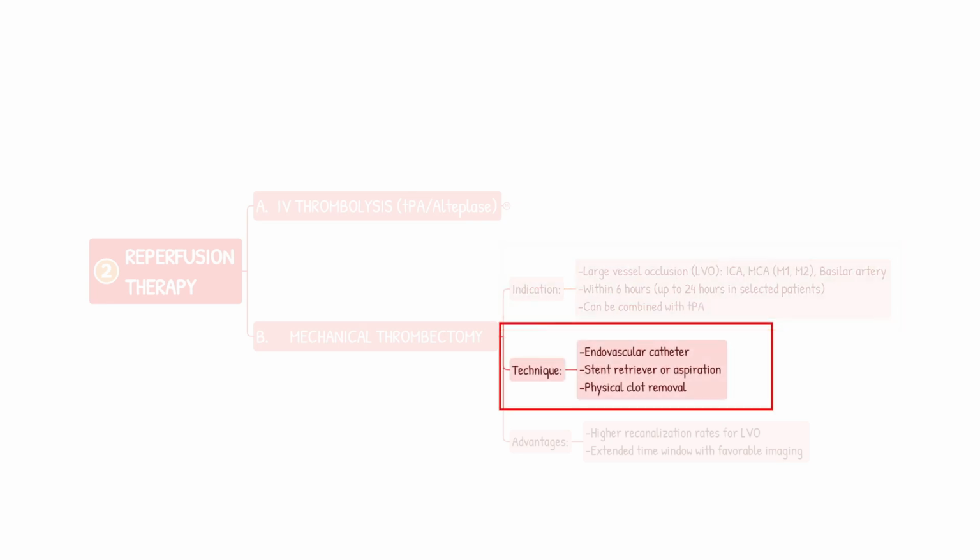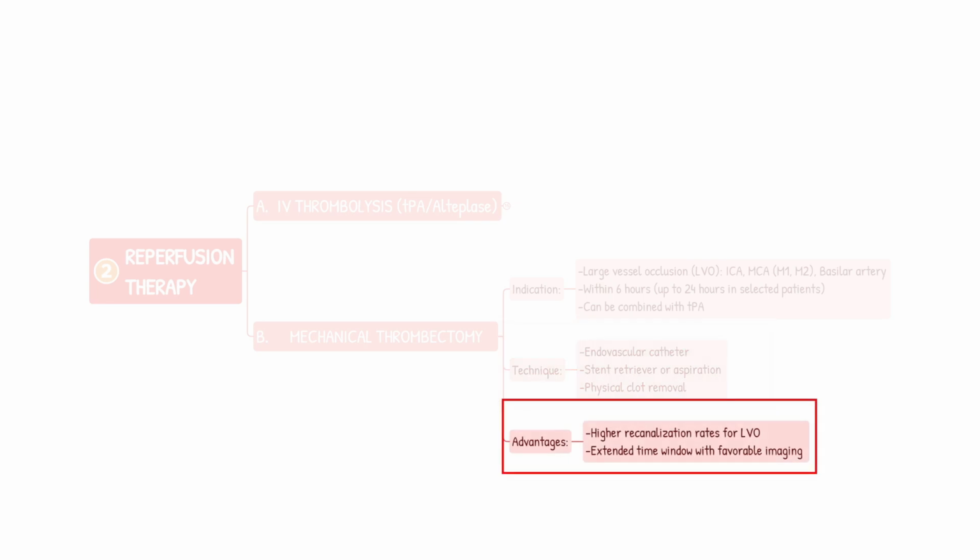The procedure uses an endovascular catheter with either a stent retriever or aspiration device to physically remove the clot. As an advantage, mechanical thrombectomy has higher canalization rates for large vessel occlusions compared to tPA alone. It also has an extended time window when patients have favorable imaging, such as good collateral circulation.